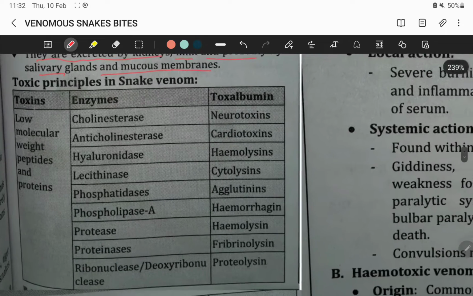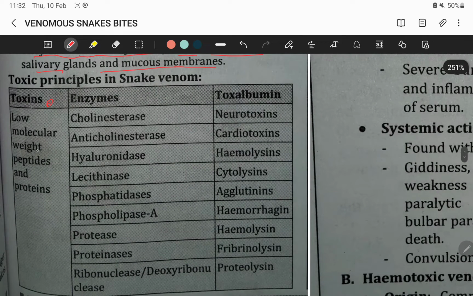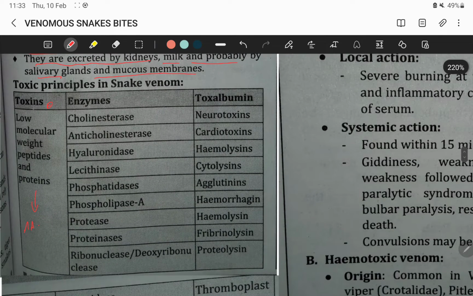So, toxic principles in snake venom. Toxins are always low molecular weight peptides and proteins, and if they break down, they give amino acids, right? Now the enzymes and toxalbumins. Cholinesterase: neurotoxin. Anticholinesterase: cardiotoxin. Hyaluronidase: hemolysins. Lecithinase: cytolysin. Phosphatidase: agglutins, which cause agglutination. Phospholipase A: hemorrhagin. Protease: hemolysin. Proteinase: fibrinolysis.